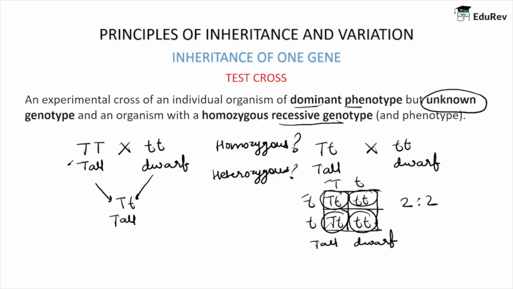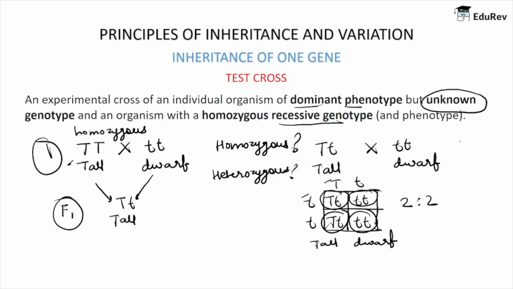So with this we know that in the first case, if I am crossing the dwarf plant with a tall plant whose genotype I don't know yet, and if the F1 generation is all tall, then it is very clear that the tall plant by which I have crossed this dwarf plant is homozygous tall.